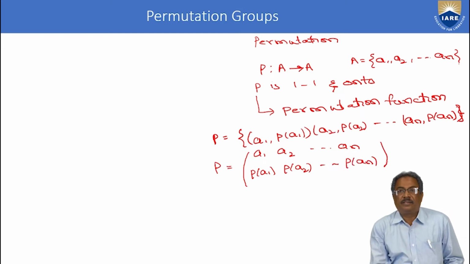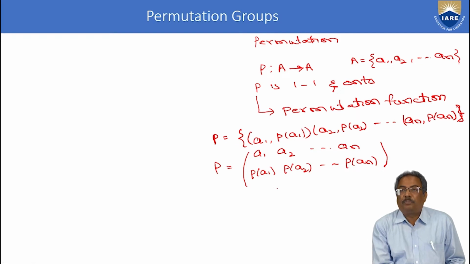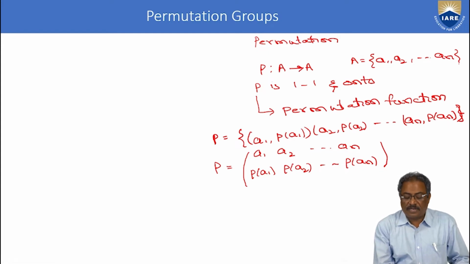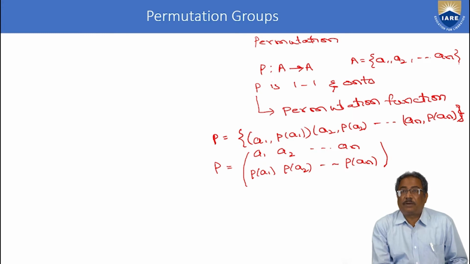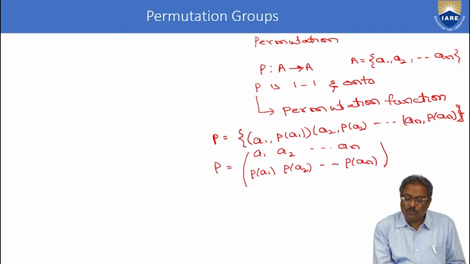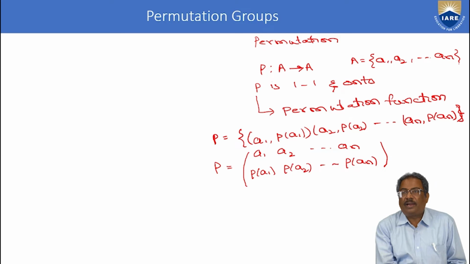So A1 is mapped to P of A1, A2 is mapped to P of A2, and so on, AN is mapped to P of AN. This is how we represent a permutation function in two-line notation.